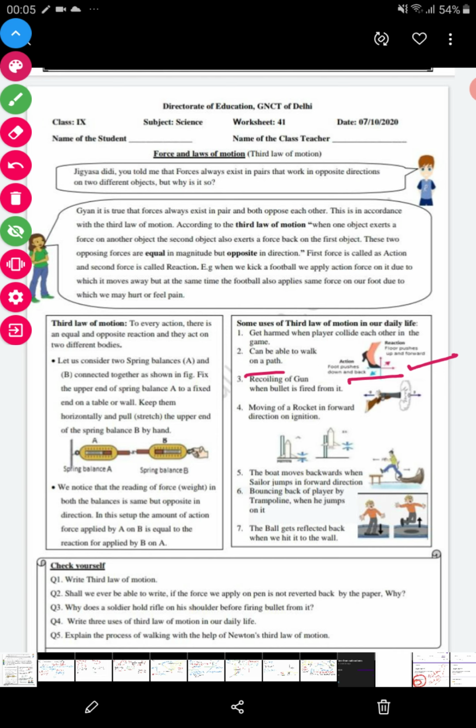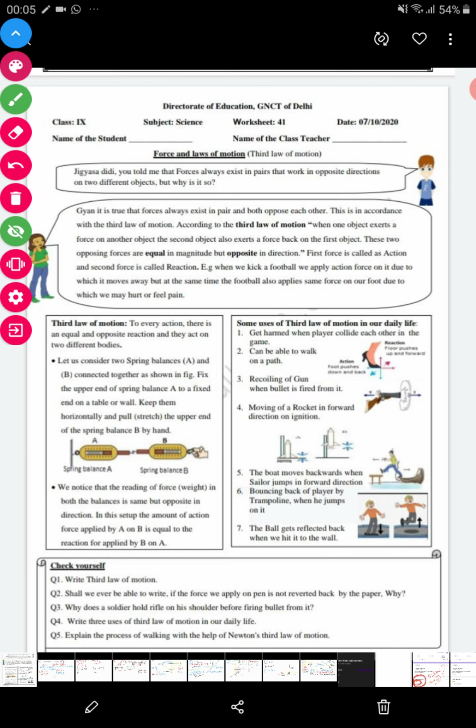Even the recoiling of a gun when the bullet is fired, and the moving of a rocket in the direction opposite to ignition. The boat moves backward when the sailor jumps in the forward direction, and the player bounces back from a trampoline when they jump, and the ball is reflected back when we hit the wall.